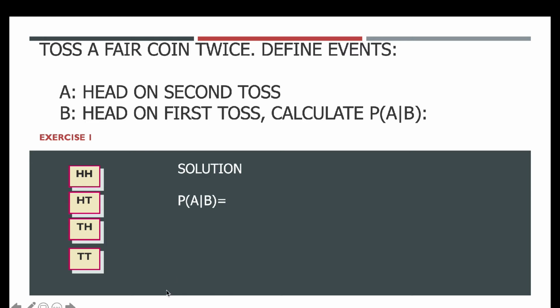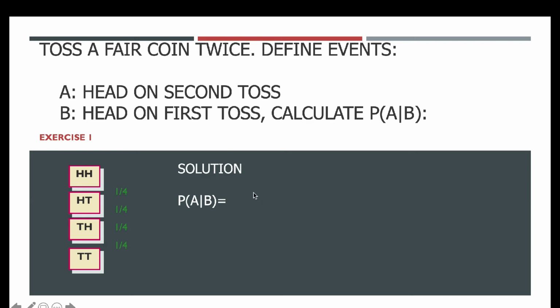Okay, so the solution is: head on the second toss. They want us to calculate P(A given B). For the values, because there are four possibilities, each one is 1/4, 1/4, 1/4, 1/4. In this case, we want P(A given B).